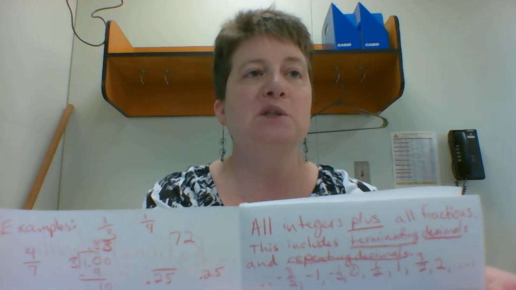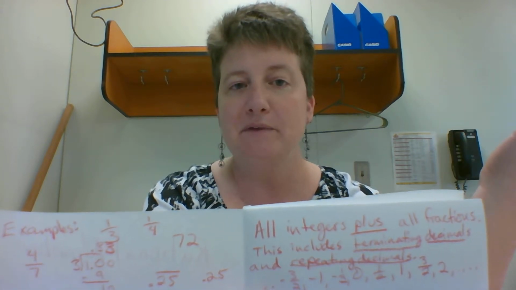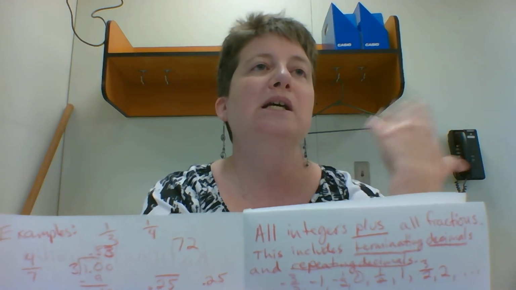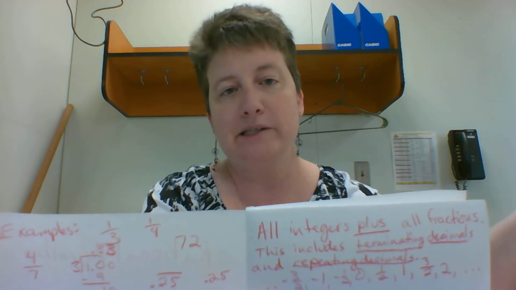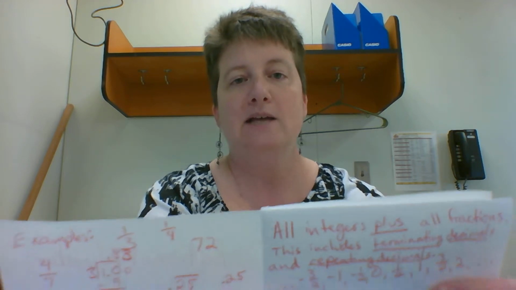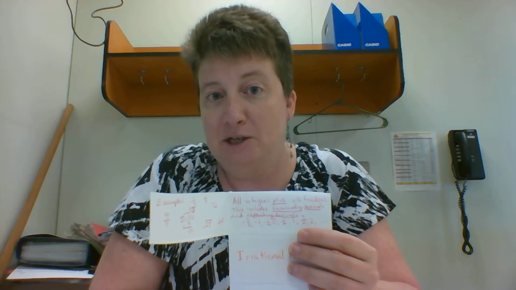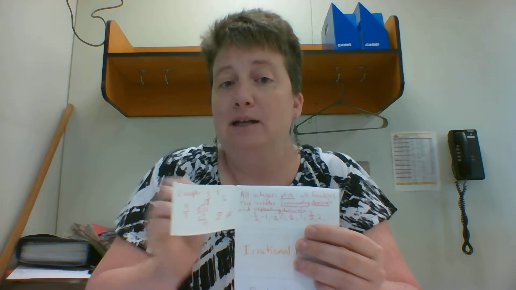Other repeating decimals might look like 0.757575 repeating, or 0.678678 repeating. As long as there is some sort of repeating pattern, it's a rational number, and it can be written as a decimal form.